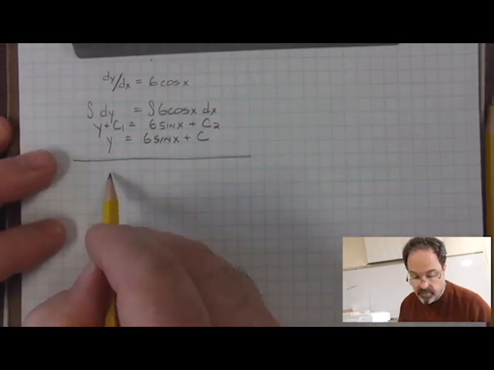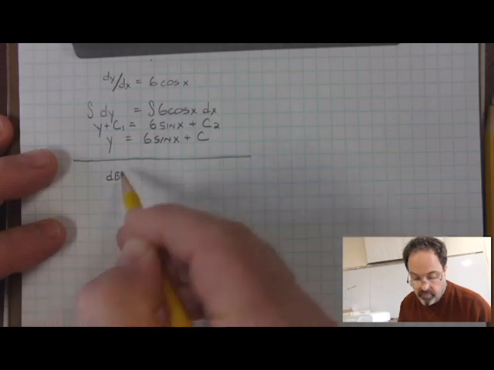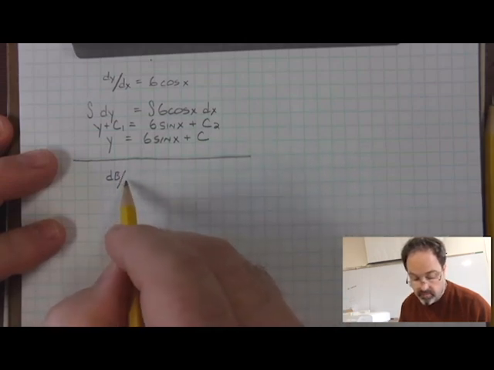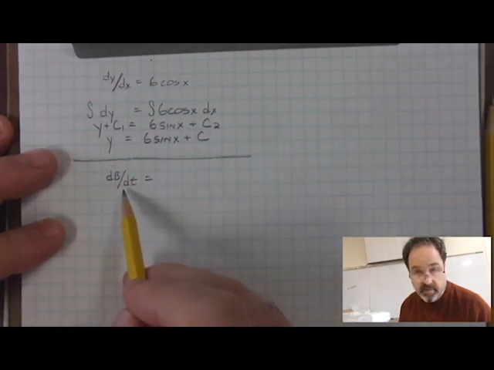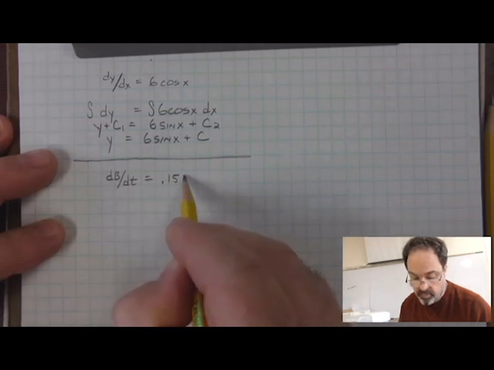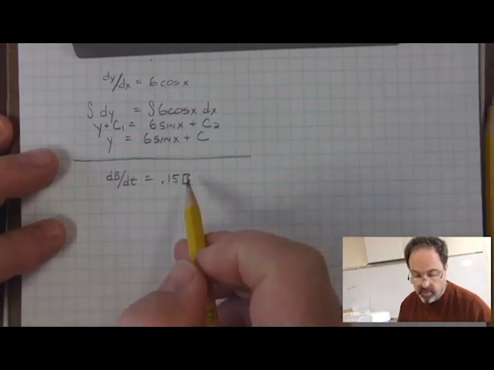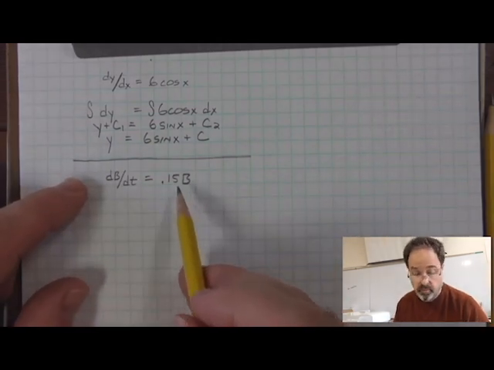A little more sophisticated. I'm going to start with a differential equation because it's an equation that has the derivative on one side. This is dB over dt, and it's equal to 0.15 times b. In this differential equation, we can see something that's common for differential equations.